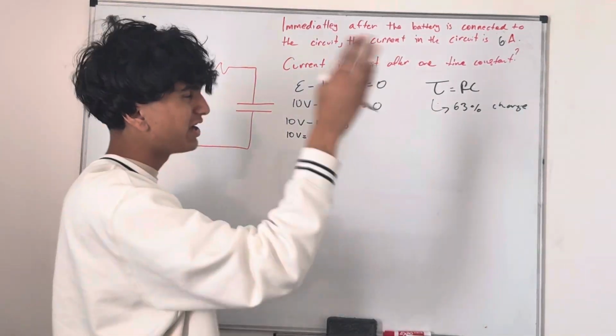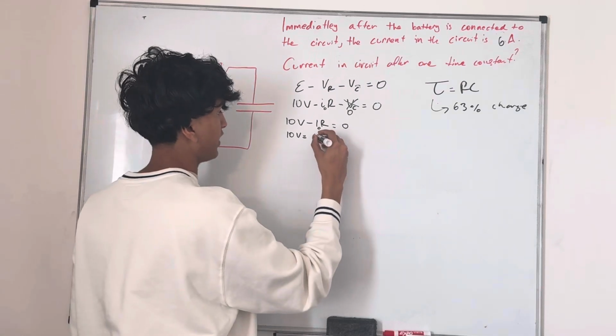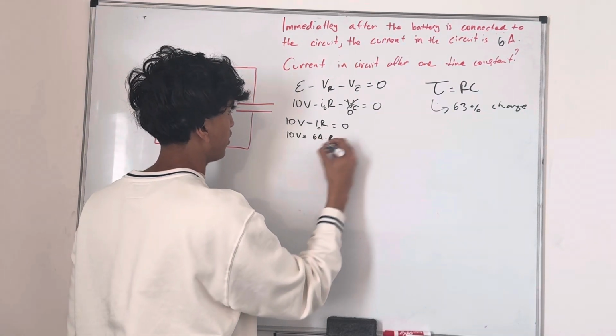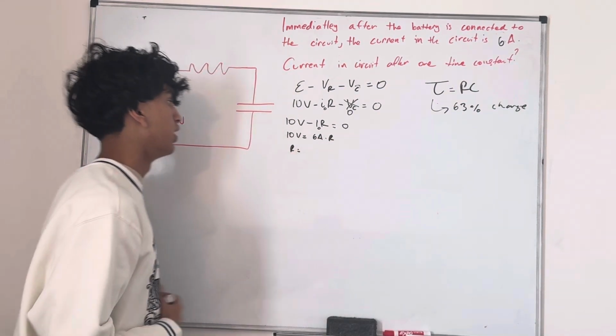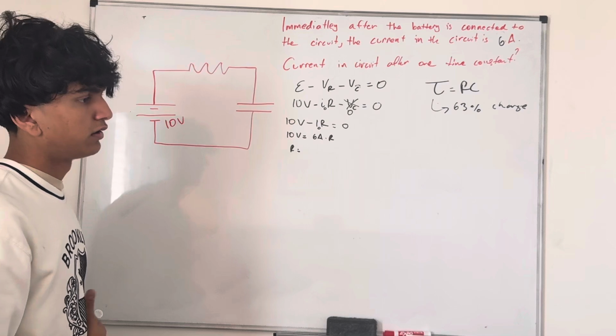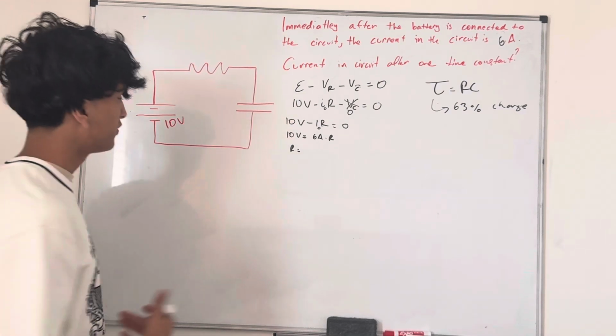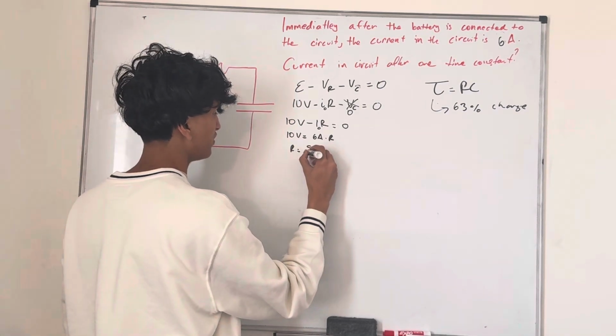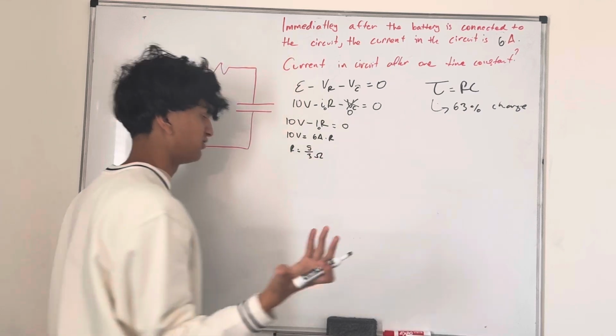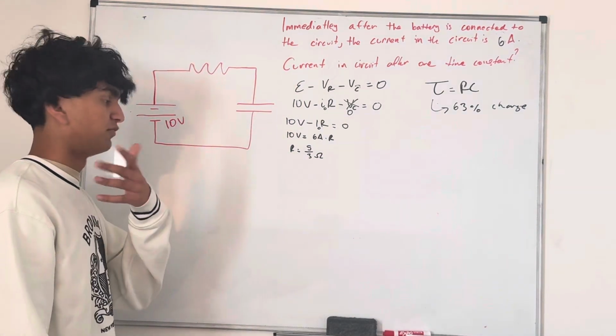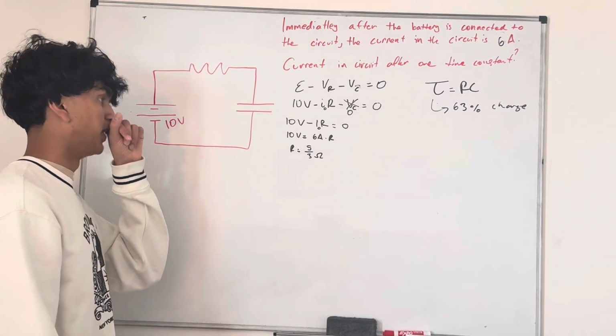Actually, let's just do 3. I'll do 6, it's too late now. 6 amps times R, you get R equal to 5/3 ohms. I keep things in fractions. I know some physics teachers don't like it, but whatever.